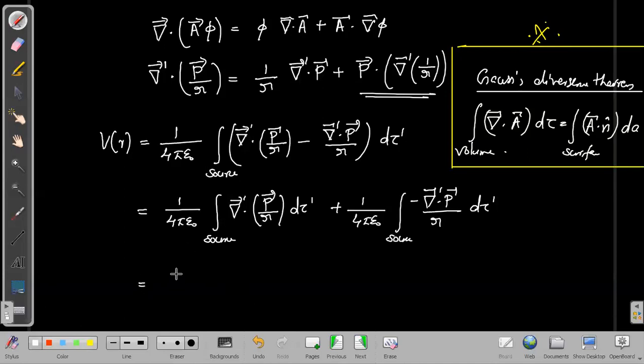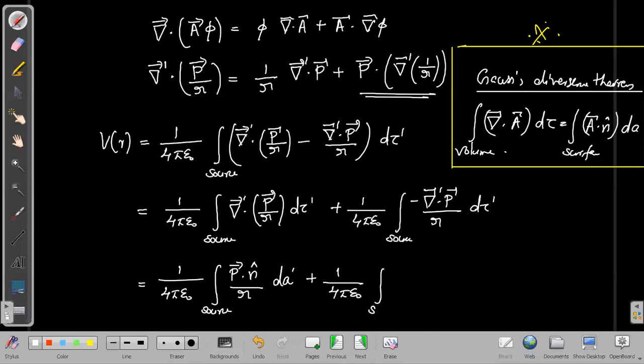So this can be written as 1 by 4 pi epsilon 0, again integral over the source region, but instead of integrating over the volume, I can write P dot n cap divided by script r along area d A prime, plus 1 by 4 pi epsilon 0 integral over the volume source of minus del prime dot P by script r d tau prime. So this is the potential at point r.